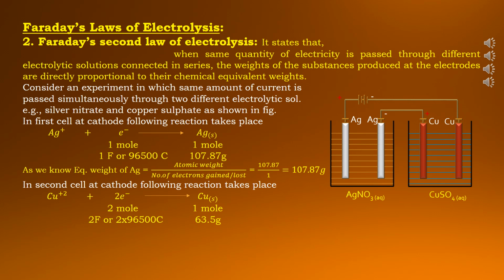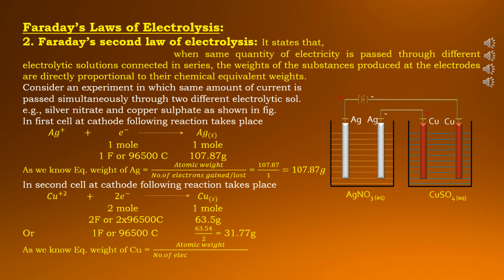If we fix the quantity of electricity to 1 Faraday, then in case of the second cell, 1 Faraday or 96500 coulomb of charge produces half the weight of copper. That means 31.77 grams. As we know, the equivalent weight of copper is equal to atomic weight divided by the number of electrons gained or lost.